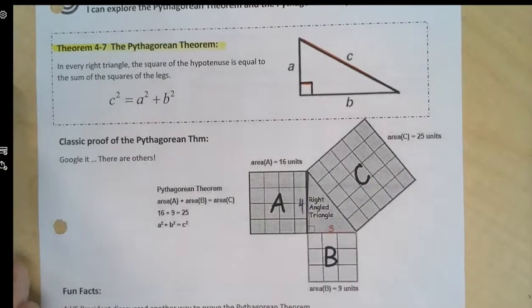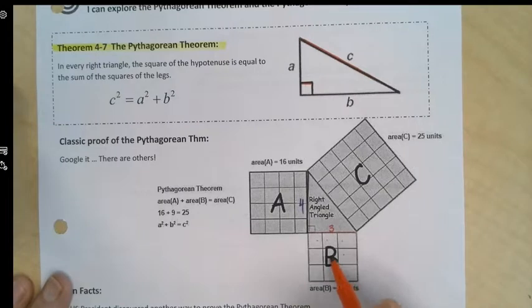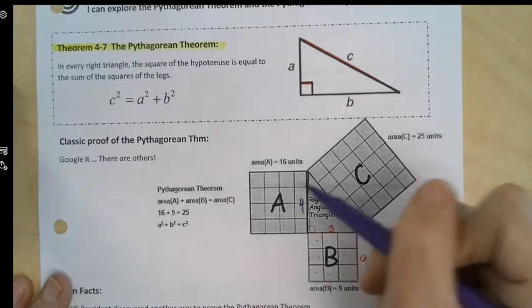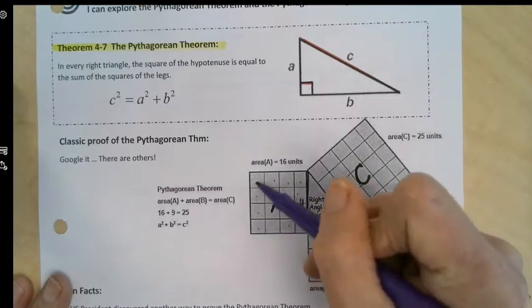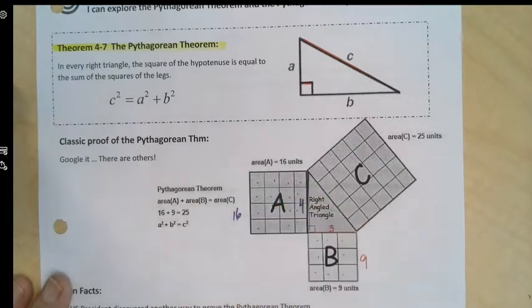if you square those sides, you get 9 units, and you get 16 units as the square.